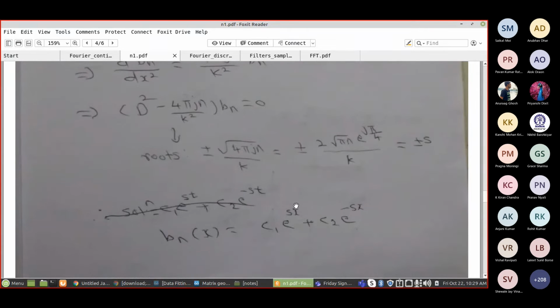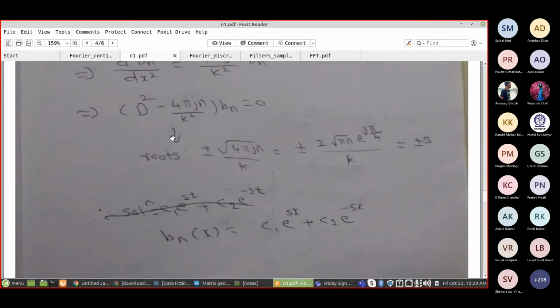If plus and minus s, for example, are roots of this polynomial, then the solution of this homogeneous ODE is some constant times e to the one root times x plus another constant times e to the other root times x. So this is a standard ODE.